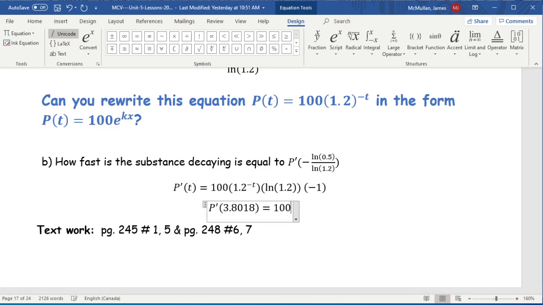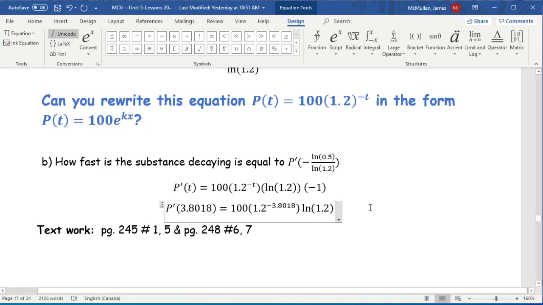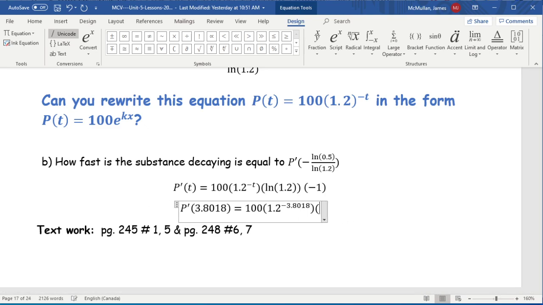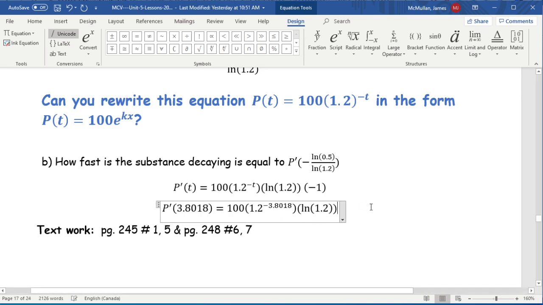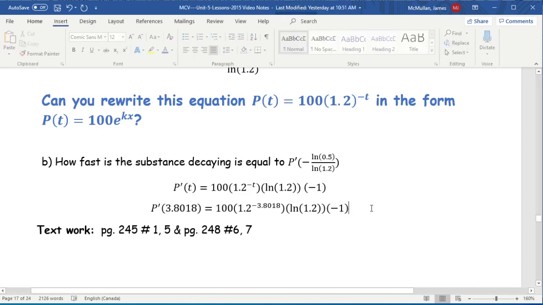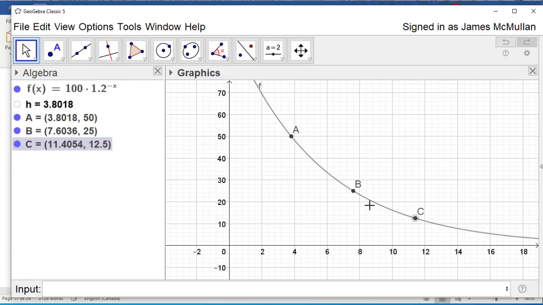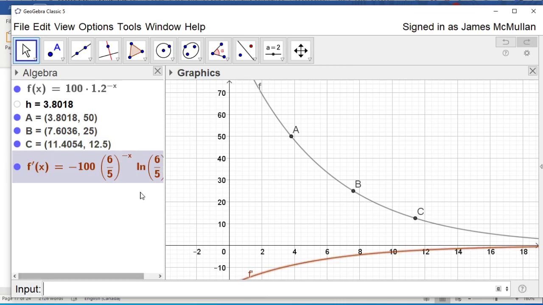And then we just plug it in. So 100 times 1.2 to the power of negative 3.8018 times ln of 1.2 times negative 1. Let's go back and check: I'm just going to type derivative f.